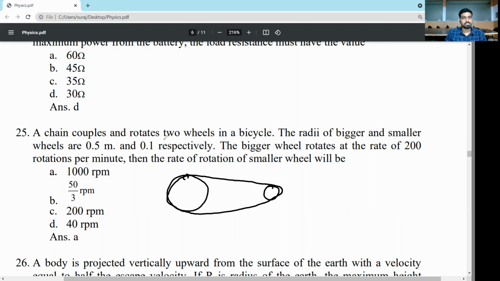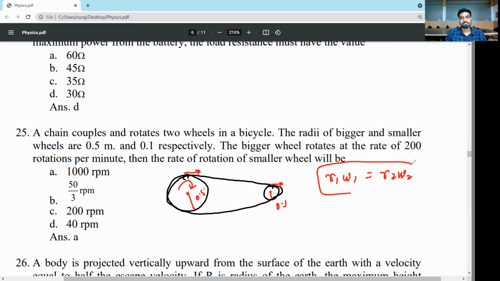Okay, the chain couples and rotates two wheels in a bicycle. The radius of the bigger wheel is 0.5, the smaller wheel is 0.1. The bigger wheel rotates at 200 rotations per minute. Now V should be the same. V is equal to R omega, that means R1 omega 1 is equal to R2 omega 2.